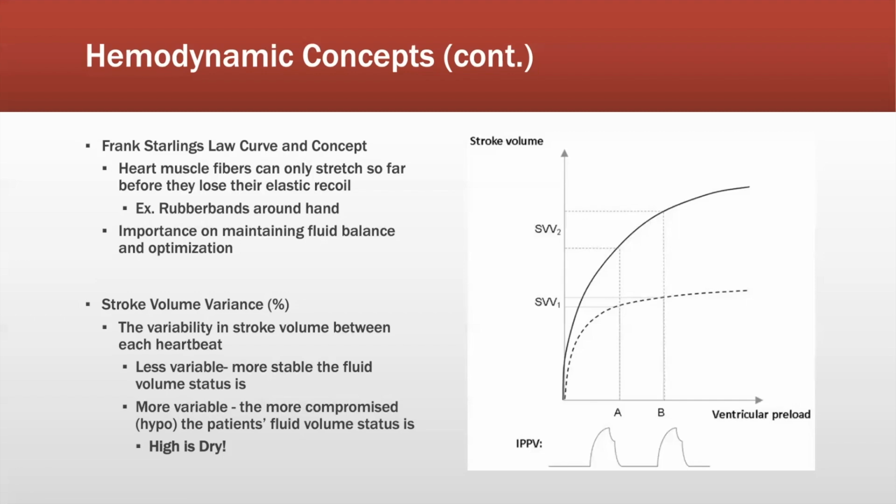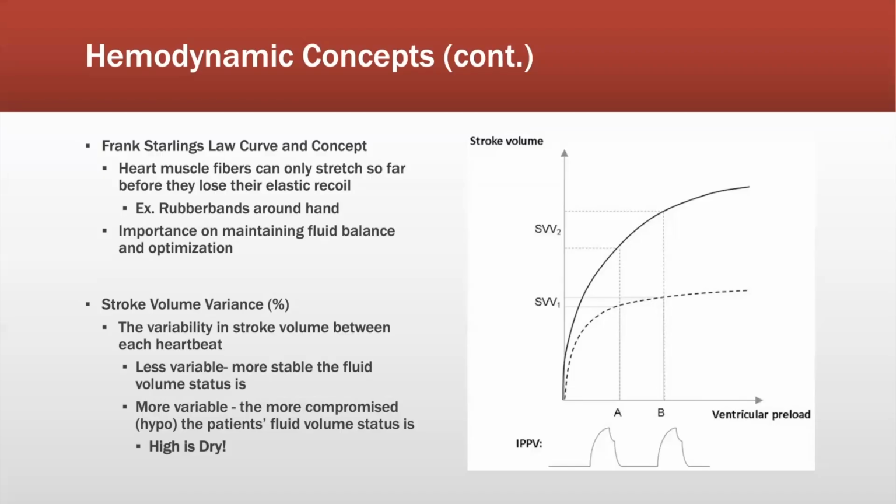So that's why it's important. There's a certain amount of preload, or the volume that fills the ventricles, where it gets to a point that it can't take any more volume and stretches those fibers so far that they do not do a good job of recoil. Therefore your cardiac index or your cardiac output will decrease.